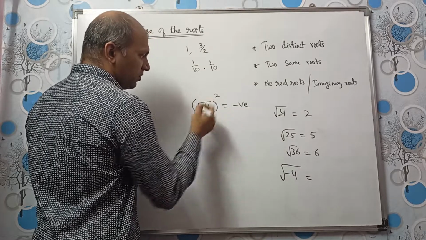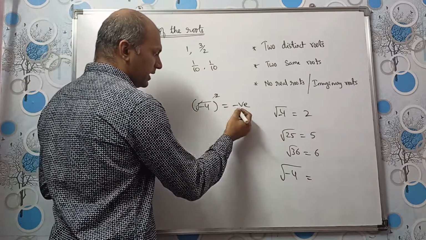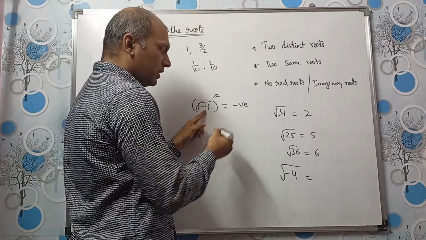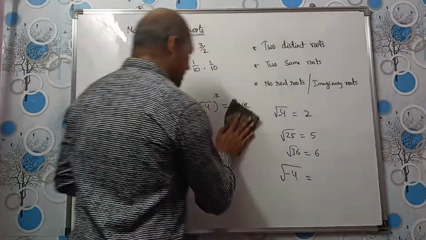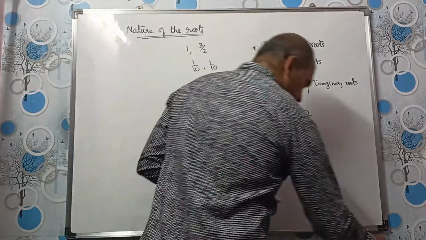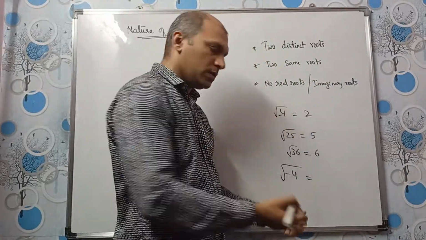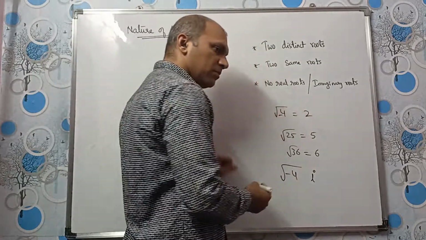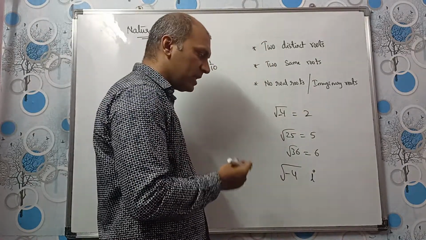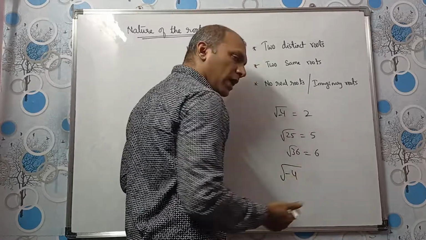If it is root of minus 4, the root and square will get cancelled, and minus 4 will come, right? So it is a negative number. So mathematicians decided to use i for imaginary numbers. Let us see how i is useful here.